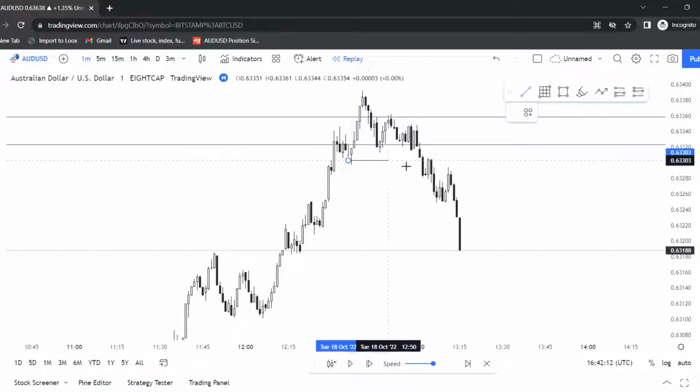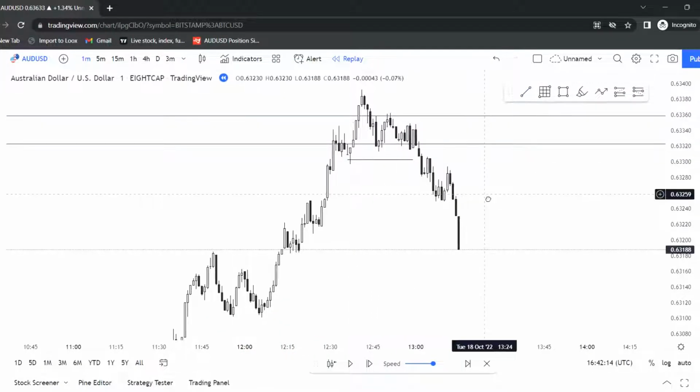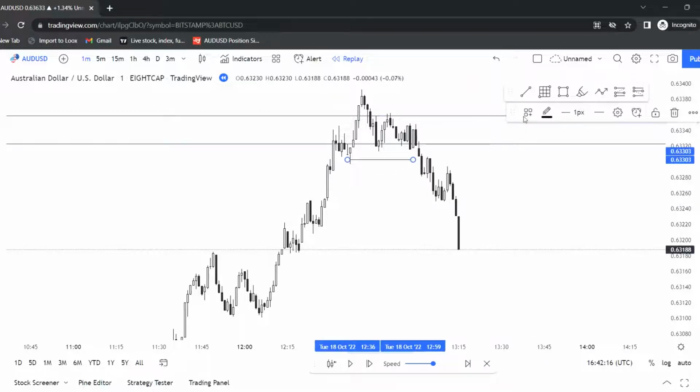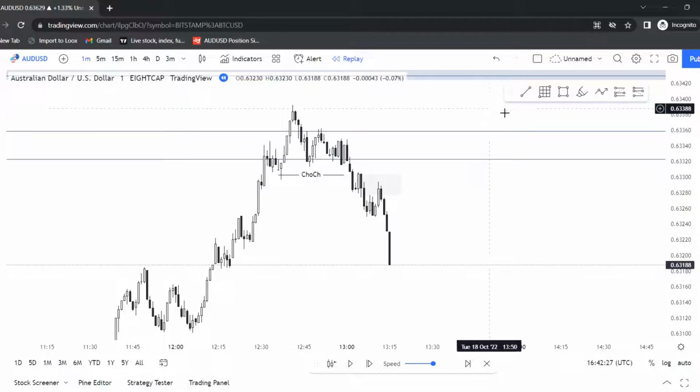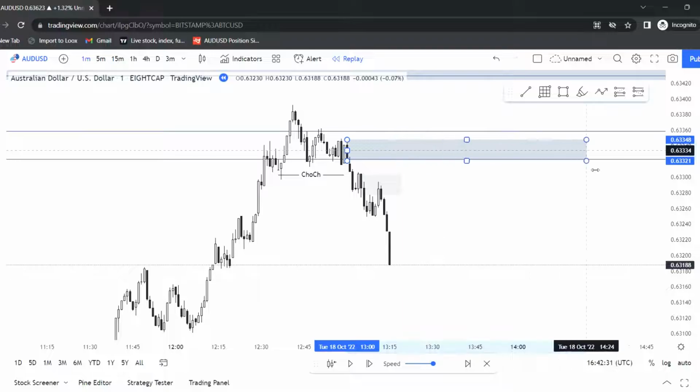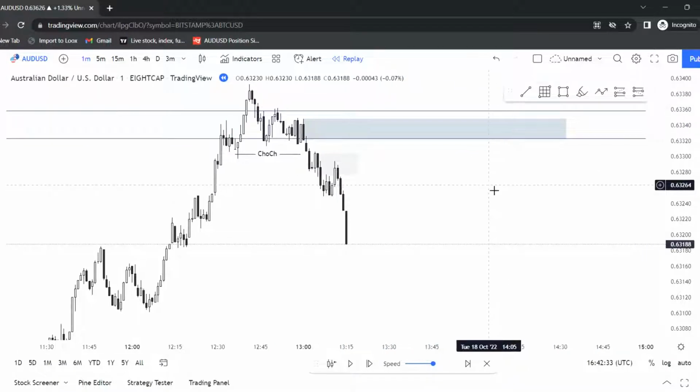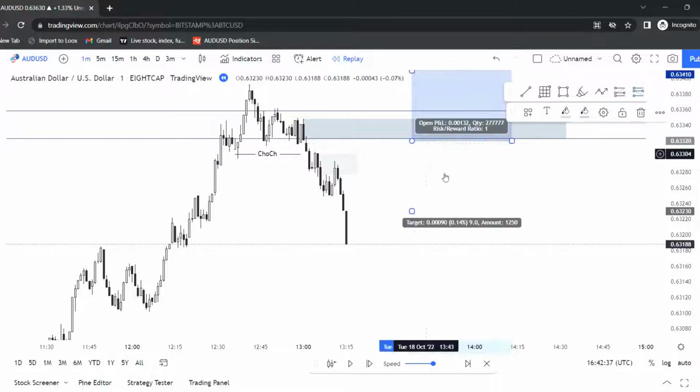So at this point, we have clearly just changed character over here, and then you could have, because this order block has been mitigated as well by this, and we could see that this right over here is an unmitigated order block, which you could have used to place your sell limit just like this right over here.